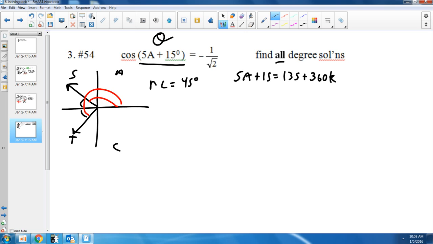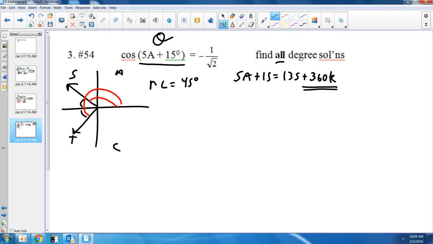Look what I'm doing. I'm putting that in on the very first step because it says all degree solutions. It's this one, and then every time it wraps around to keep hitting that 360. I do not add that in at the end. I add it in right at the beginning.